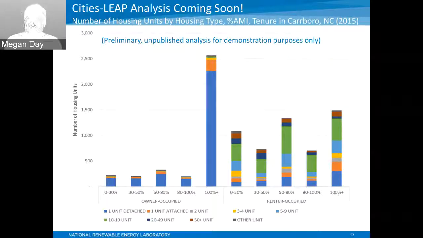And so here we've done the analysis, and we're hoping to get this chart up on the state and local energy data site soon to help cities understand what kinds of housing, as well as, you'll see in a minute, what kind of heating fuel types and energy burden do we have among our population.